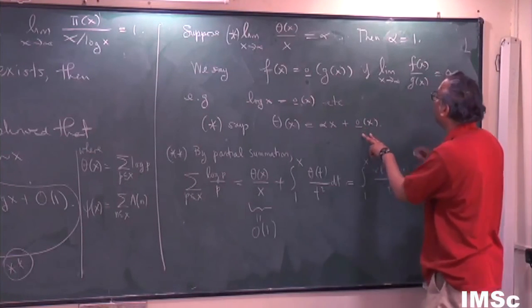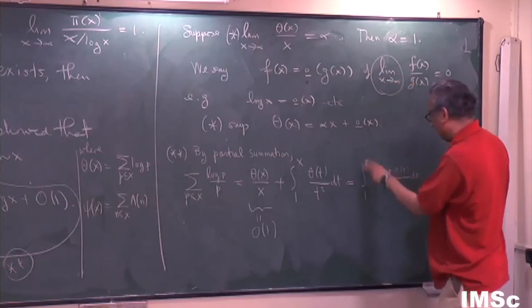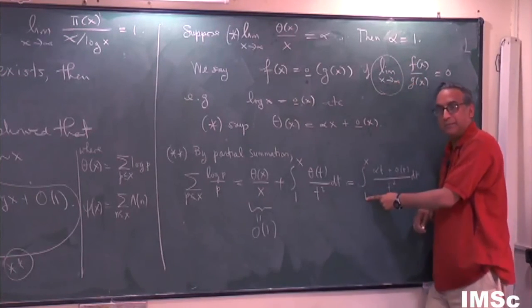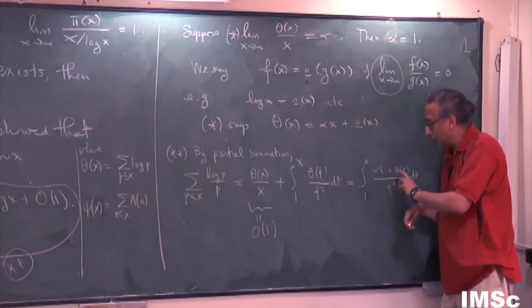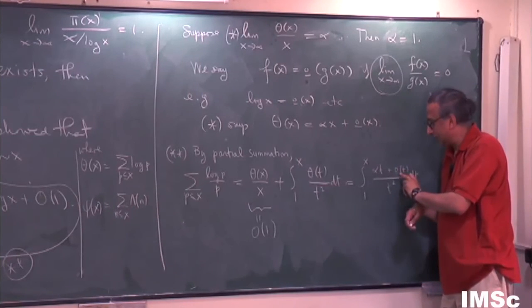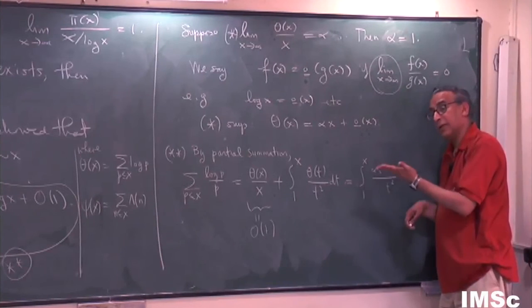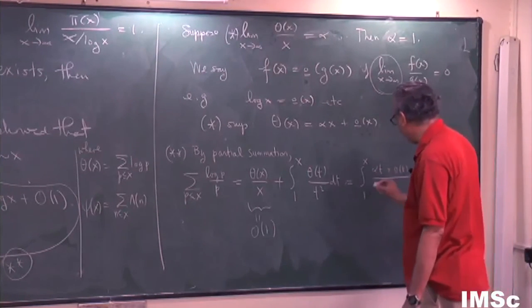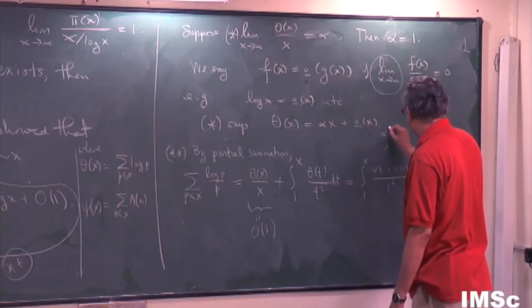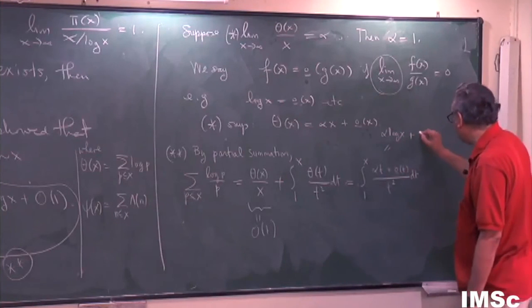Remember what little o means: it means as x is going to infinity. So there's a little bit of a problem in the initial ranges. This little o of t is only valid when the argument is going to infinity. So what you really should do, let me just finish this off, is that this is equal to alpha log x plus what looks like little o of log x.